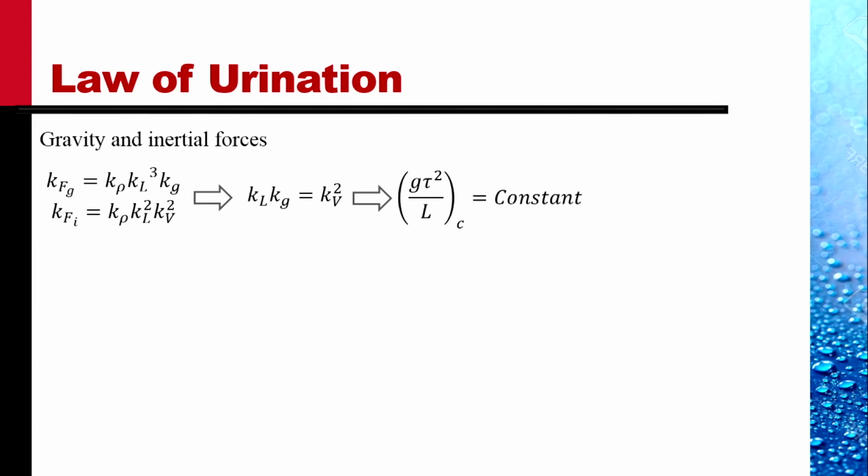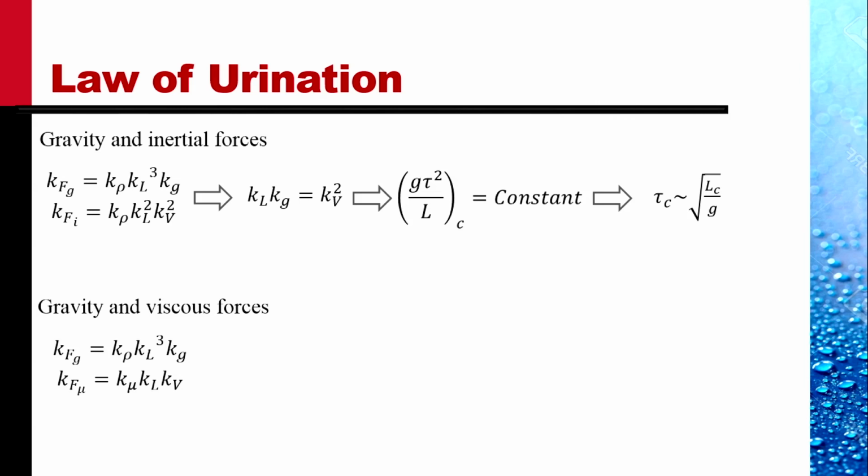And so this gives g tau squared by L is constant, or that the characteristic tau varies like the square root of LC by g. So clearly this is not the pair that determines urination, because TC is independent of LC, an observed fact. But if gravity and inertial forces were the controlling forces, then TC should vary like the square root of LC. So incorrect.